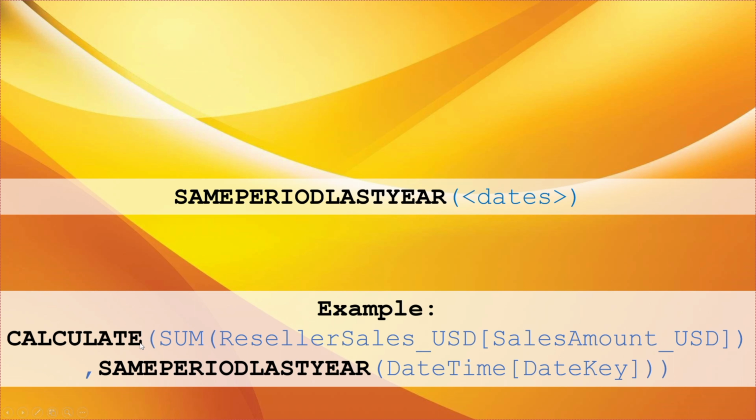So what this DAX function is doing is calculating the sum of the reseller sales amount column in the same period last year, and it is using the same date time table and date key as the format. All right.